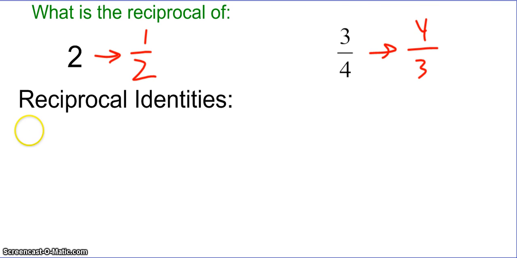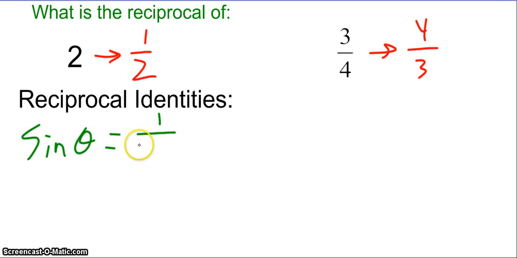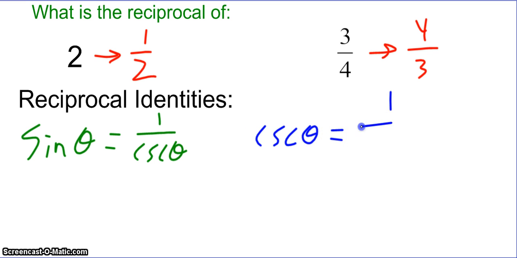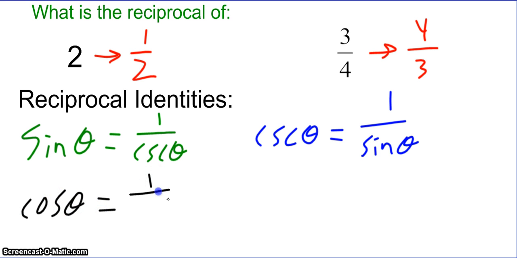So what is the reciprocal of sine of theta? It's going to be 1 over the cosecant of theta. If I understand this, then I know the cosecant of theta is 1 over the sine of theta. So if you know one, you know the other. The cosine of theta is 1 over the secant of theta.